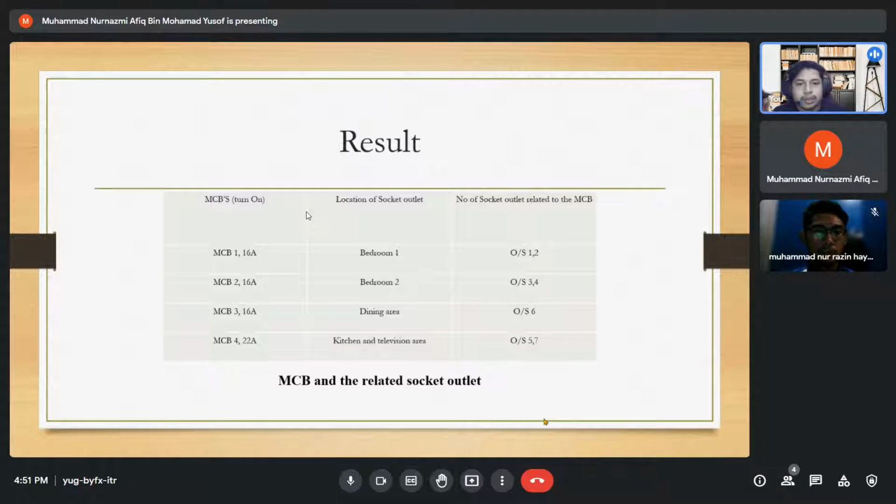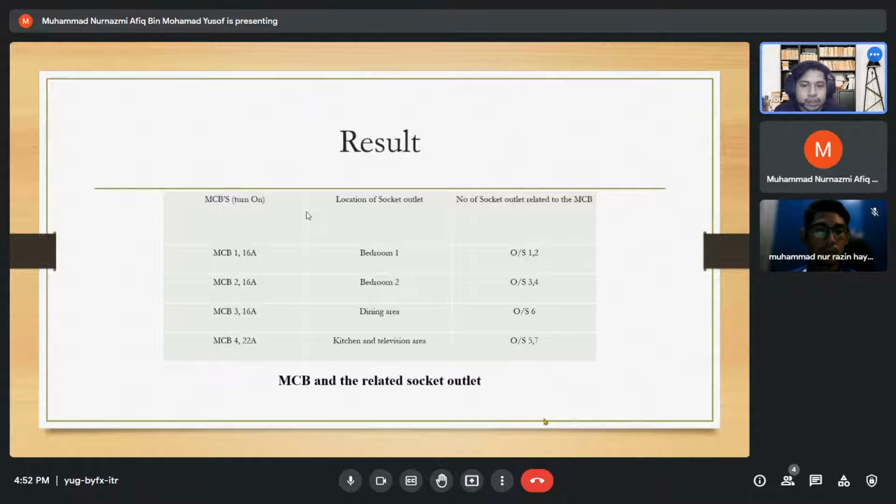So this is the table showing the MCB and the related socket outlets. For MCB 1, 60 ampere, the location is bedroom 1, and the related sockets are S1 and S2. For MCB 2, 60 ampere, the location of the socket outlets is bedroom 2, related to sockets 3 and 4.